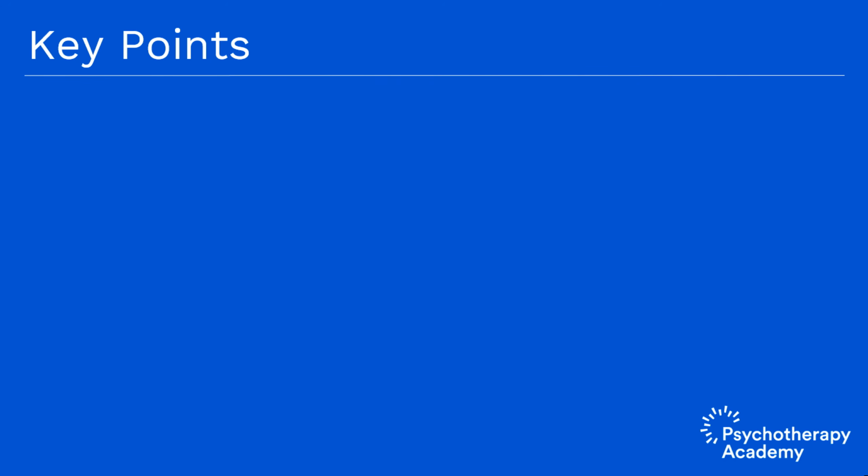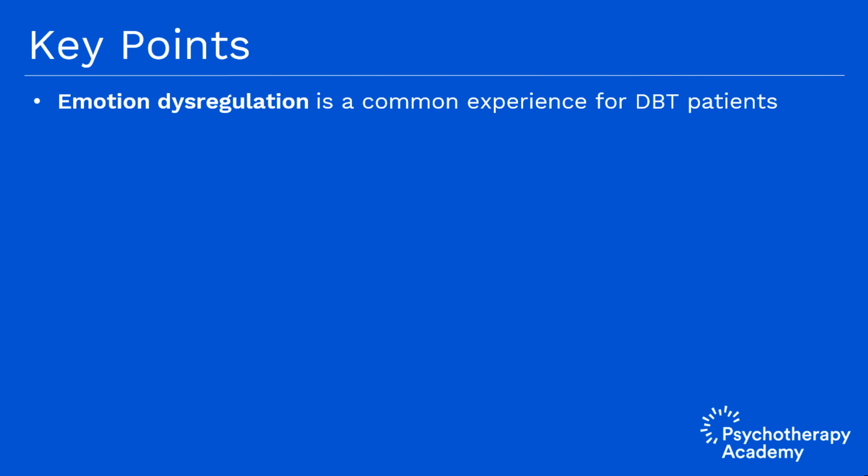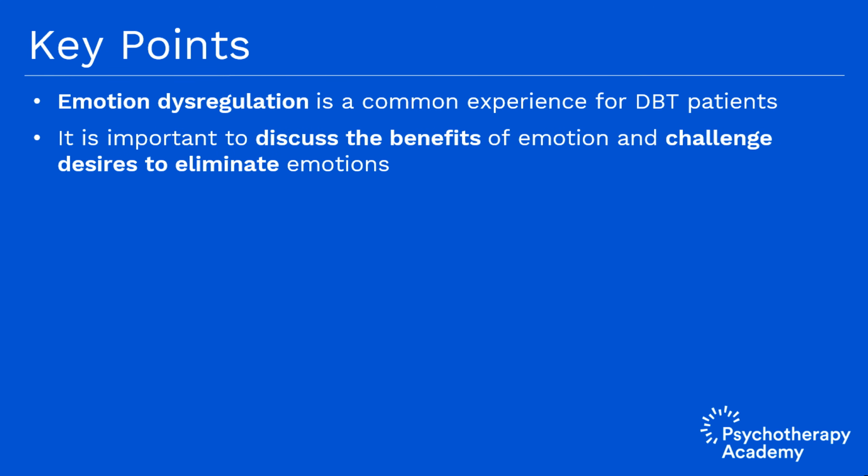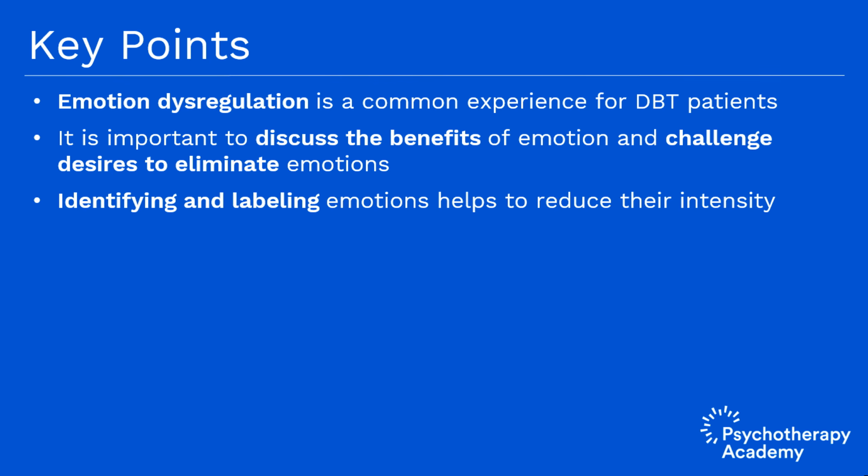The key points are: emotion dysregulation is a common experience for DBT patients. It is important to discuss the benefits of emotion and challenge group member desires to eliminate any or all emotions. Identifying and labeling emotions helps to reduce their intensity.